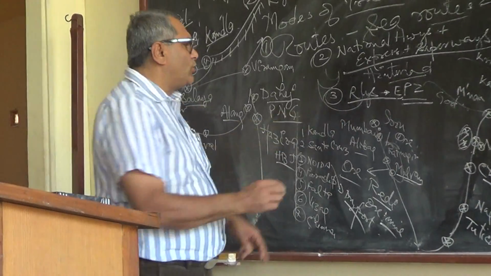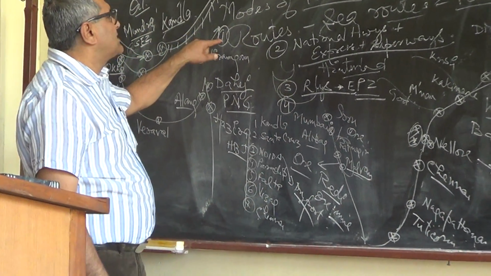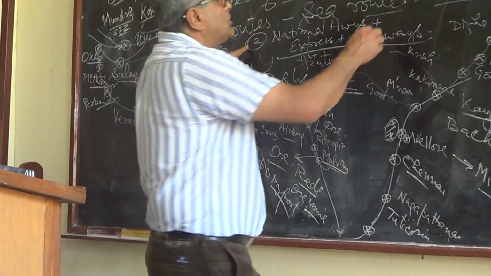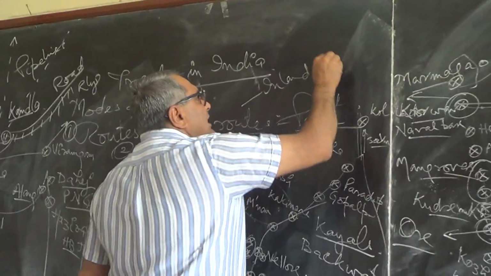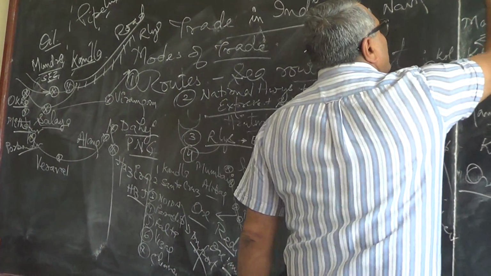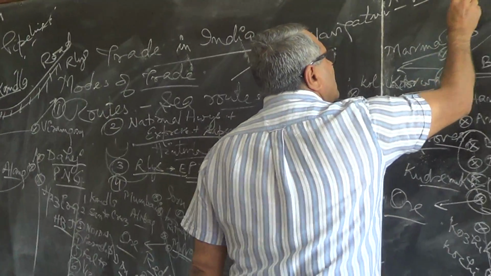The fourth important aspect of mode of transport in trade is inland navigation, apart from the sea route. We have national waterways, 1, 2, 3, 4.